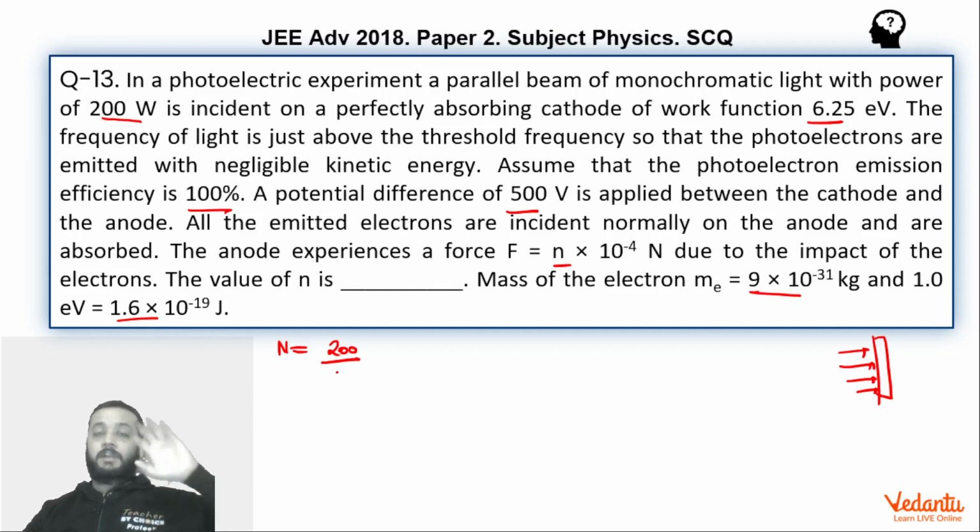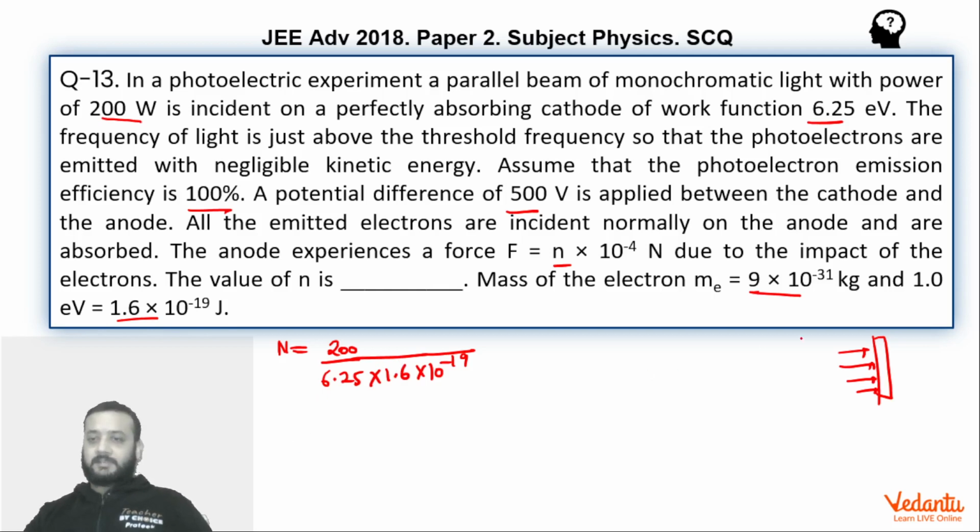I have used the wrong word. Number of photons incident on the cathode will be equals to total power incident divided by energy of one photon, which is 6.25 electron volts. So this will have to be converted into joules by multiplying 1.6 into 10 to the power minus 19. The number of photons incident will also be equals to number of electrons emitted, right?